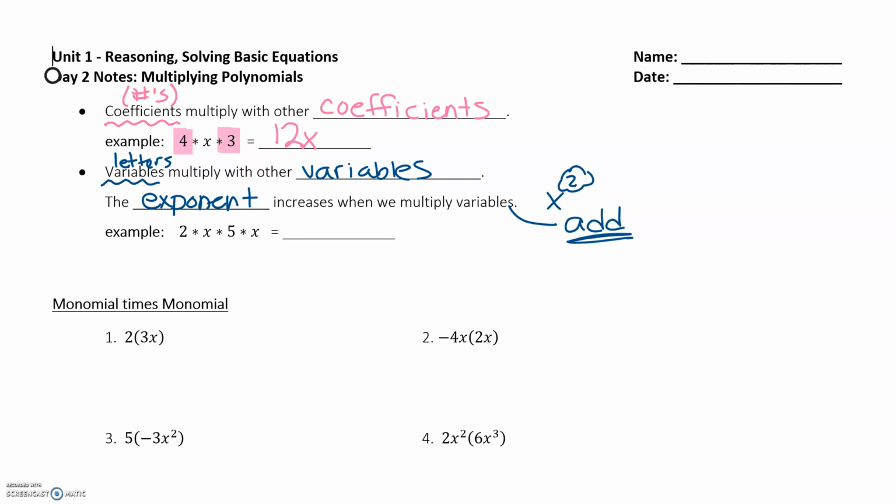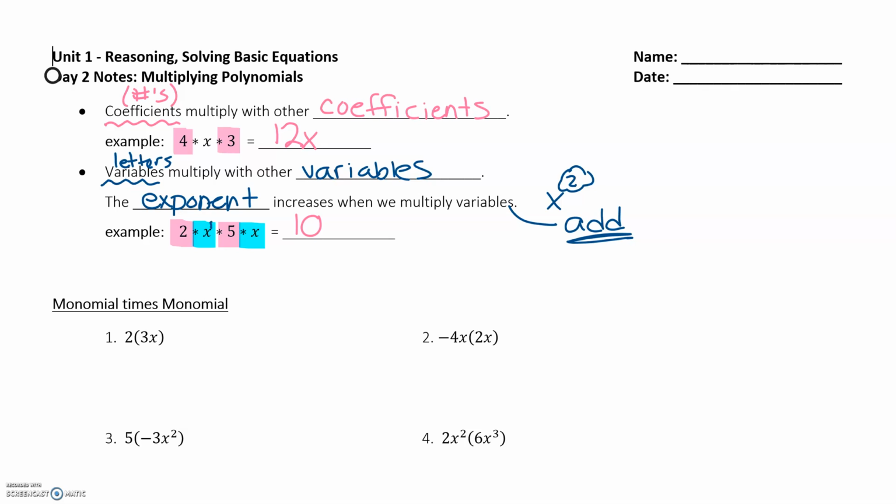It says 2 times x times 5 times x. Remember, coefficients can multiply with other coefficients. So 2 times 5 is 10. That's what we talked about on the first example. Then we have an x times another x. We said we can multiply variables with other variables, and when we do that, their exponent will increase by addition.